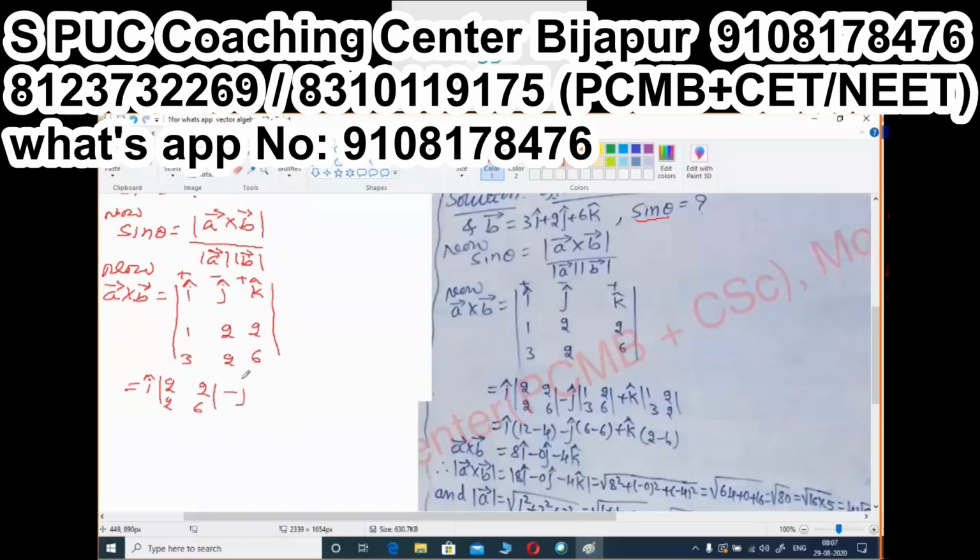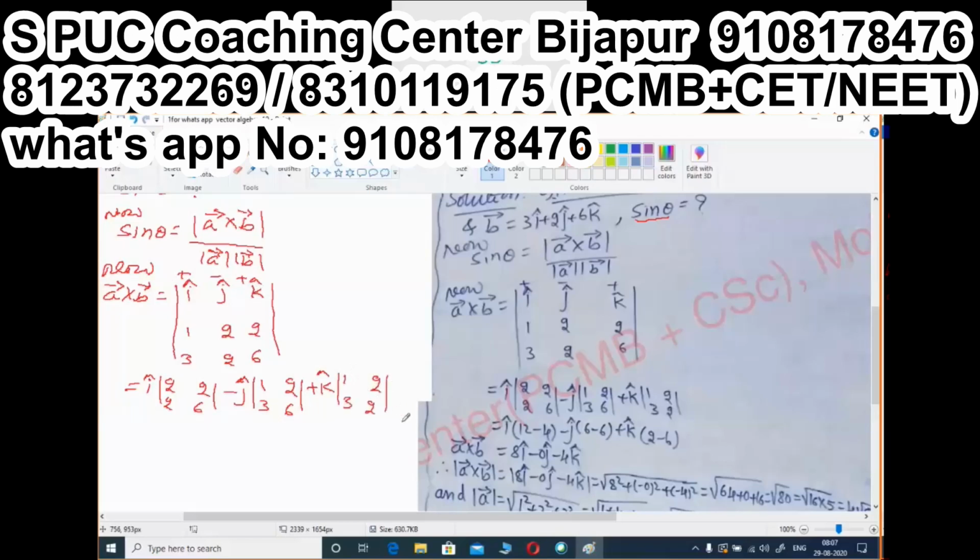Next, minus j cap of: you leave this column and this row, the remaining elements are 1, 2, 3, 6. Next comes plus k cap of: you leave this column and this row, then write the remaining terms, 1, 2, 3, 2.